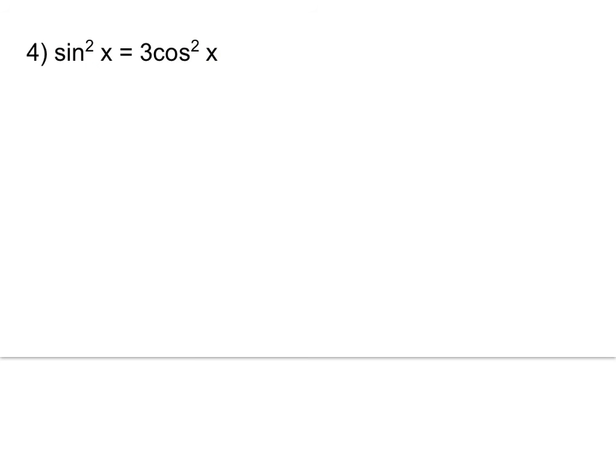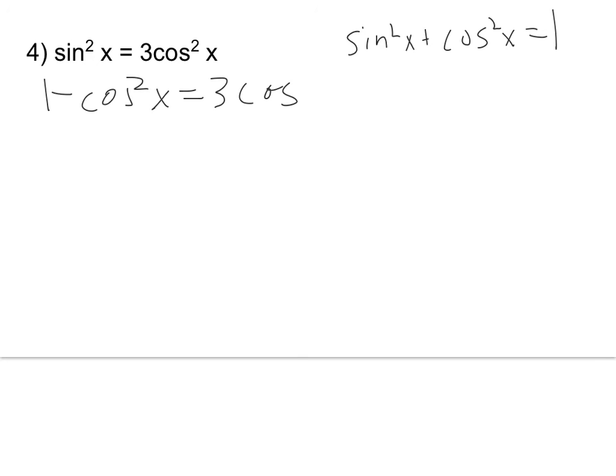Now if you remember that handy dandy little trig identity. We had a trig identity that was this. So I can replace sine squared of x with 1 subtract cosine squared. So instead of writing sine squared x, I'm going to write 1 subtract cosine squared x is equal to 3 cosine squared x.